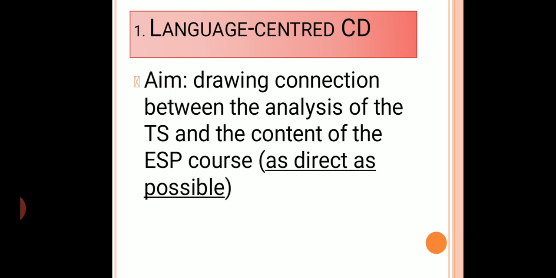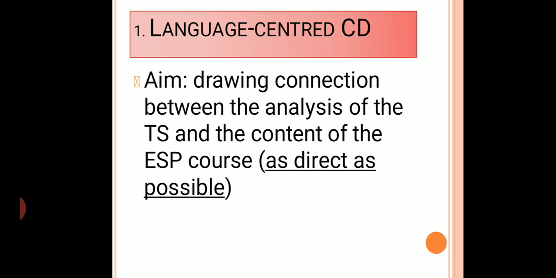From the word language-centered, the aim is to draw connection between the analysis of target situation and the content of the ESP course as direct as possible.